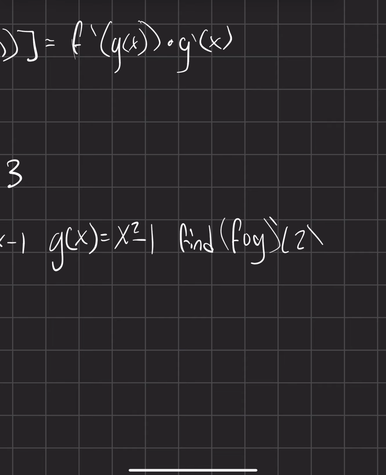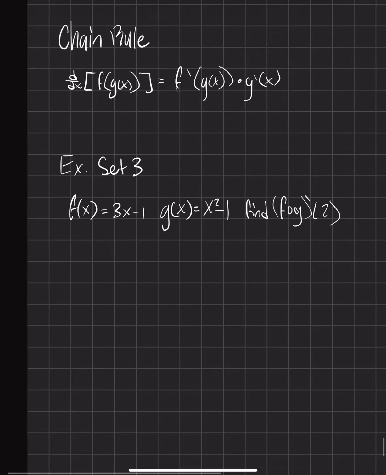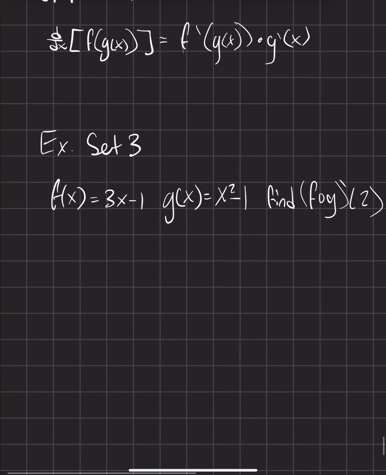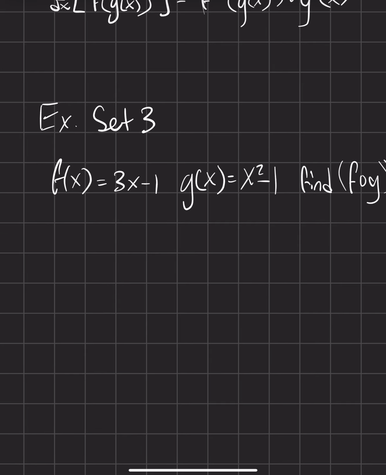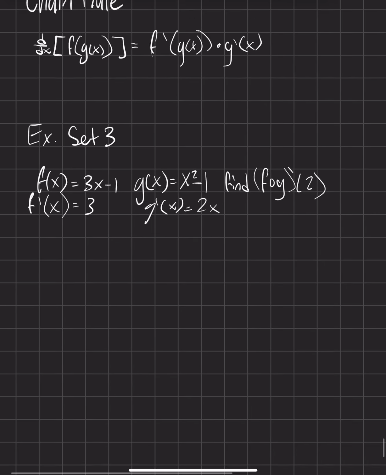In order to do that, first off, we need to find the derivatives of our f of x and g of x, right? So I'll just write this right below, make it easier to read. So the derivative of f of x is just going to be 3. The derivative of g of x is just going to be 2x, right? And then we just put this into our chain rule, right?